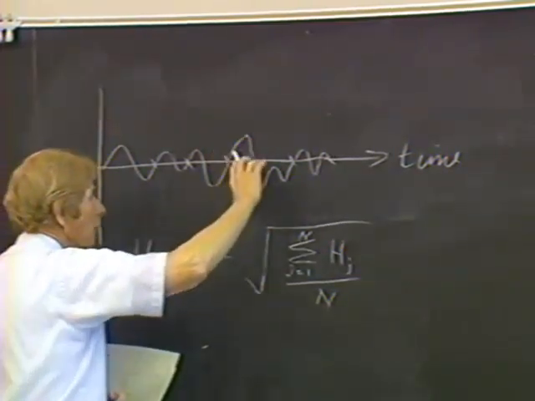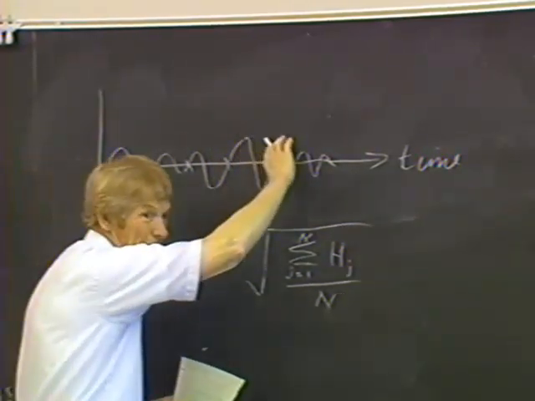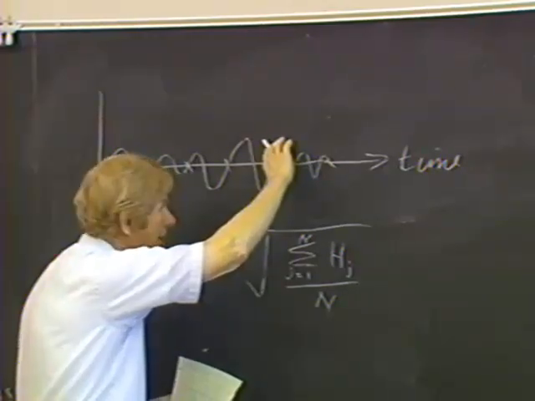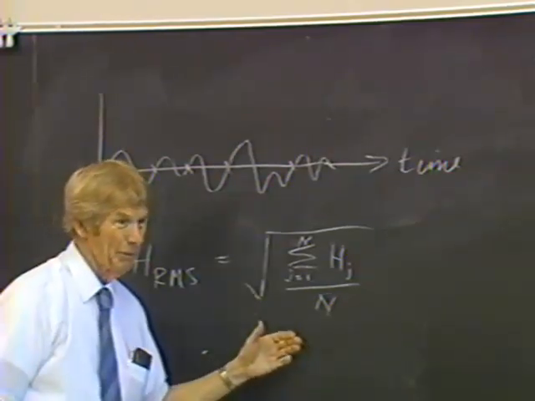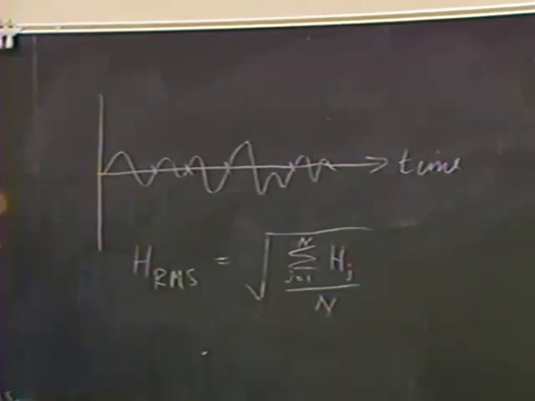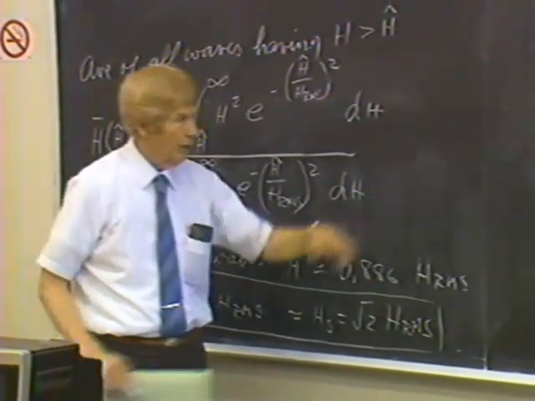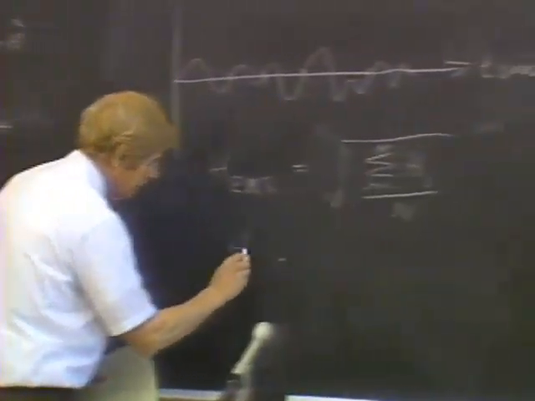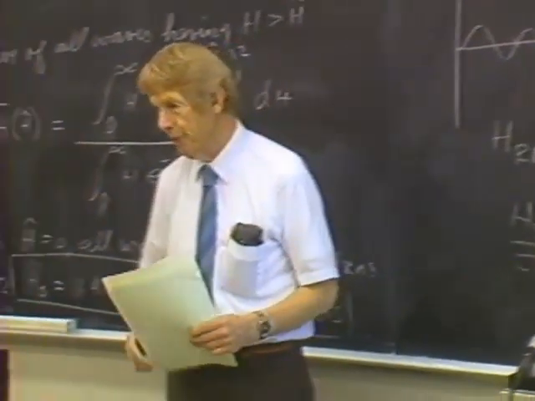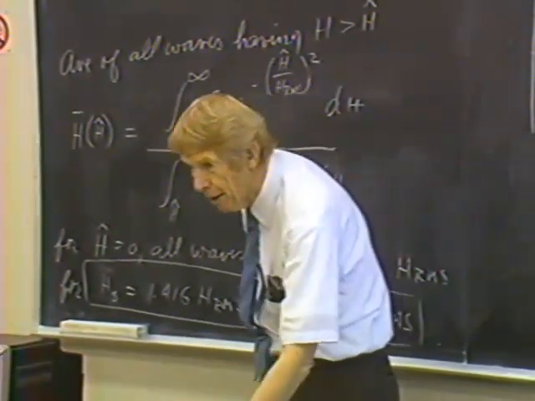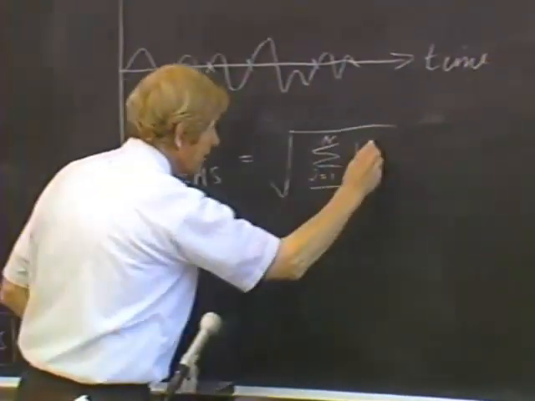For a given wave, you take this difference, this difference, this difference, and so on to get the heights, and add them all up. For 15 waves, that's not much of a chore. And then just multiply by the square root of 2 to get the significant wave height. It's H squared in the sum there? Oh, it's squared, yes, thanks.